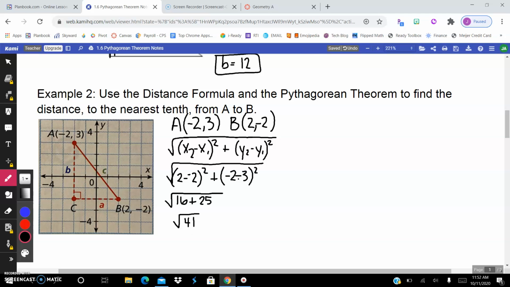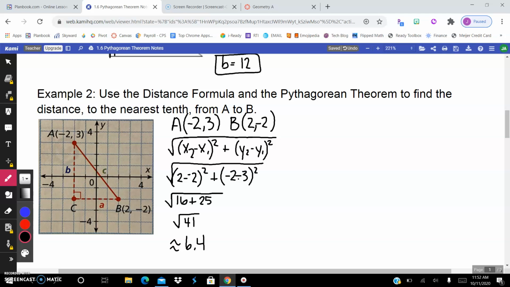We're going to leave it right there for a second while we go and do the Pythagorean theorem. If we need to simplify it any farther and round it, if I look back in the directions, it says round to the nearest tenth. So I do have to simplify that. If I type that in the calculator, I get approximately 6.4.